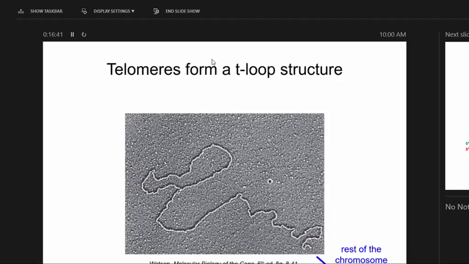Remember when we were talking about the structure of DNA, I said the bases are protected by being in the middle of the DNA double helix. A lot of nucleases, or enzymes that can destroy DNA, are exonucleases. These are ones that start from the end and move in. So we're trying to prevent the open end.